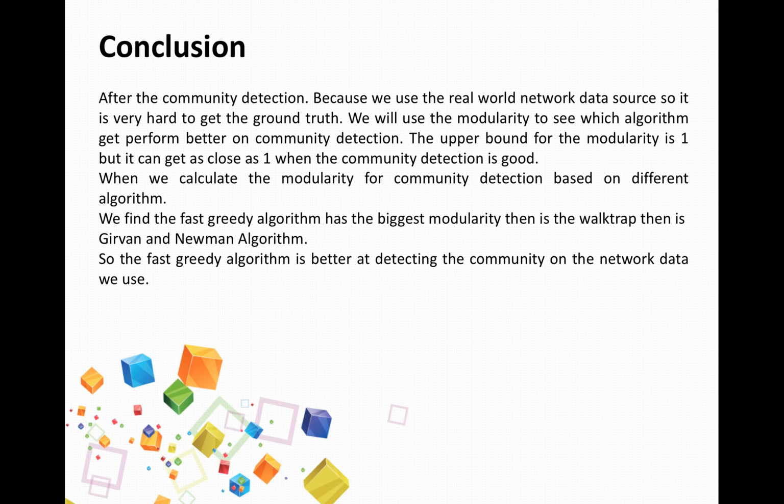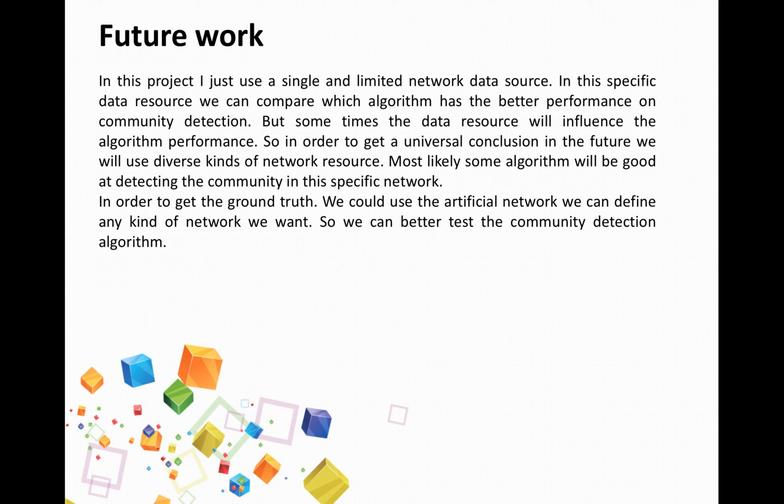Future work. In this project, I just use a single and limited network data source. In this specific data source, we can compare which algorithm has a better performance on community detection. But sometimes the data source will influence the algorithm performance. So in order to get universal conclusions in the future, I will use diverse kinds of network sources.